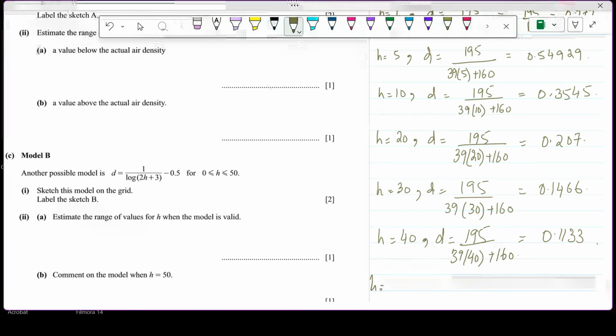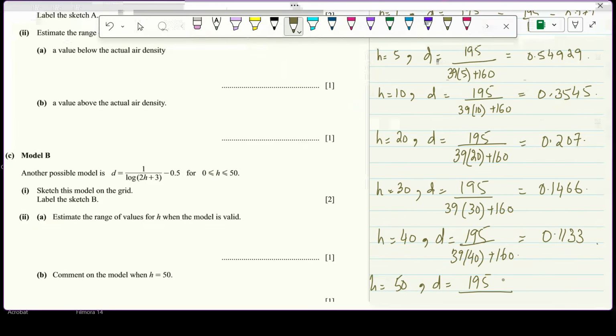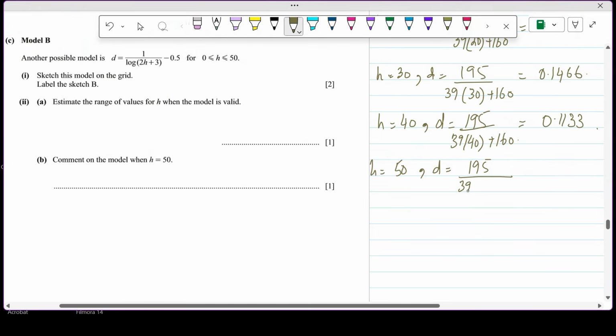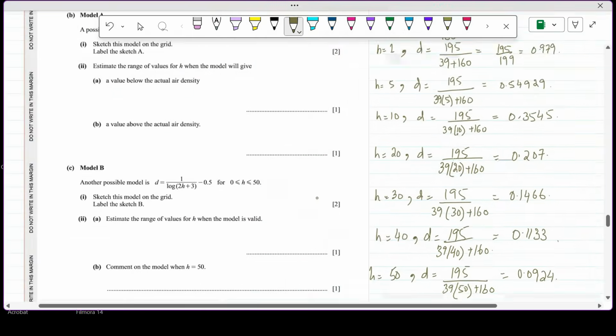And when the height is equal to 50, the air density will be 195 / (39 times 50 + 160), and this is equal to 0.0924.